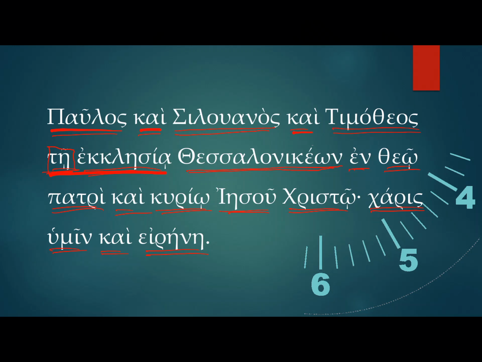What can you tell me about the article in front of this noun, ecclesia, that would help you determine the parsing of it? Well, the eta there tells us this is going to be a feminine, right? Do you remember any more than that? Can you pick it out? The iota there gives you a hint. This is a dative, and then this is a singular. Okay, so feminine, dative, singular.